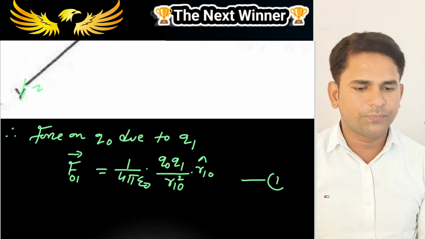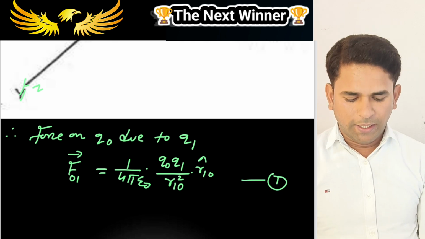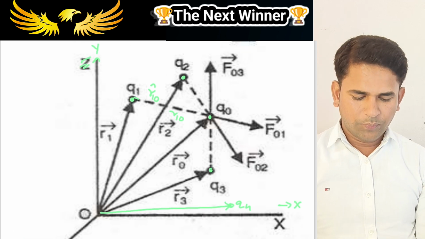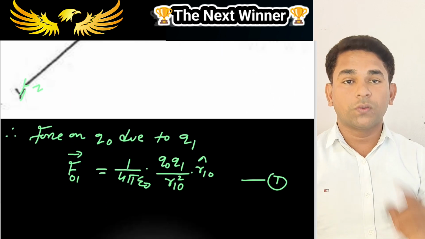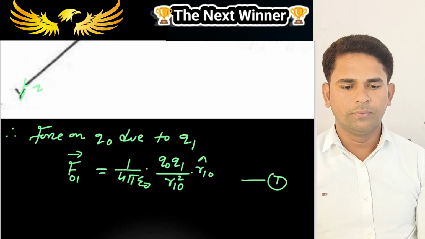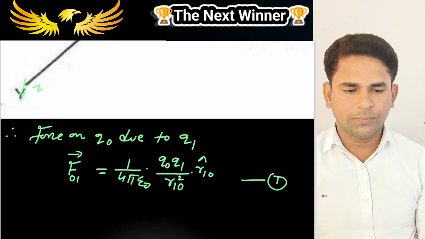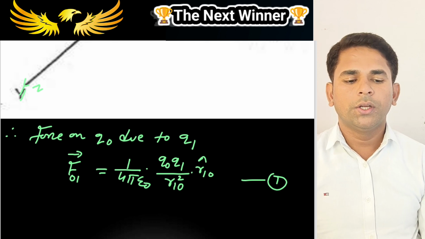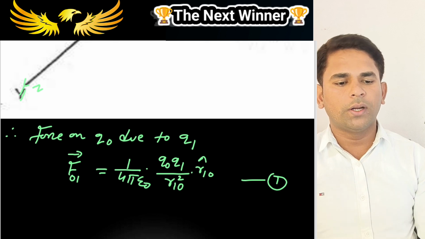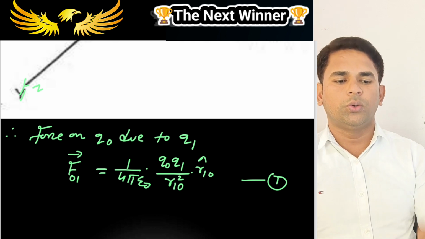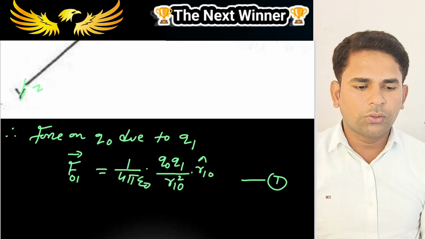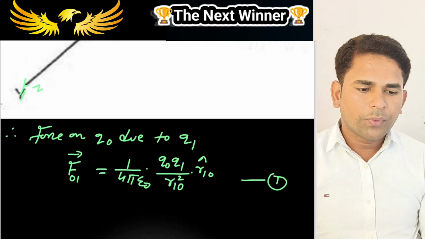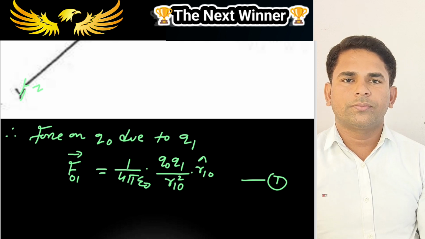This is the first force, the force on q0 due to q1. You got one formula: vector F01 equals 1 upon 4 pi epsilon naught into q0 q1 divided by r10 squared into r10 cap.